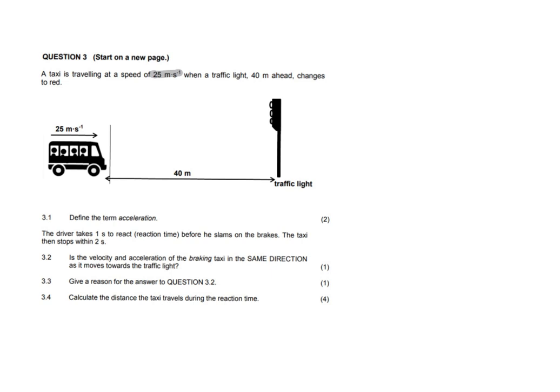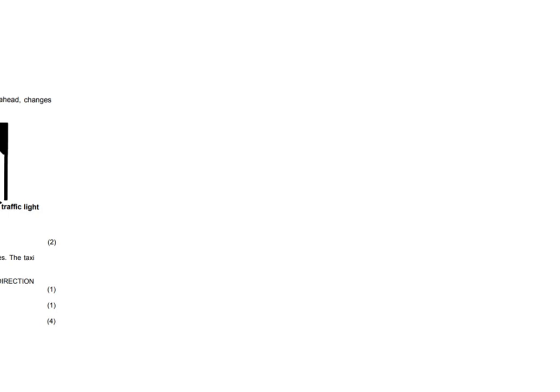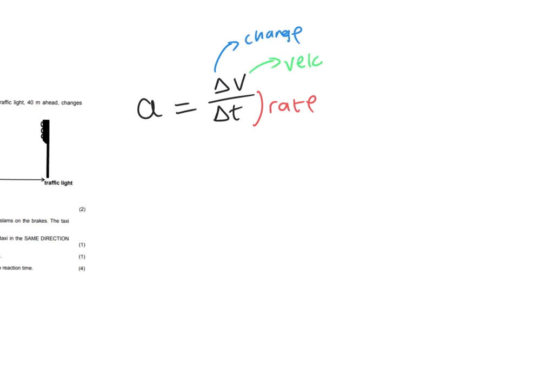So the answer is that acceleration is the rate of change in velocity, and you can tell that from the question. So this means rate, that means change, and that means velocity.